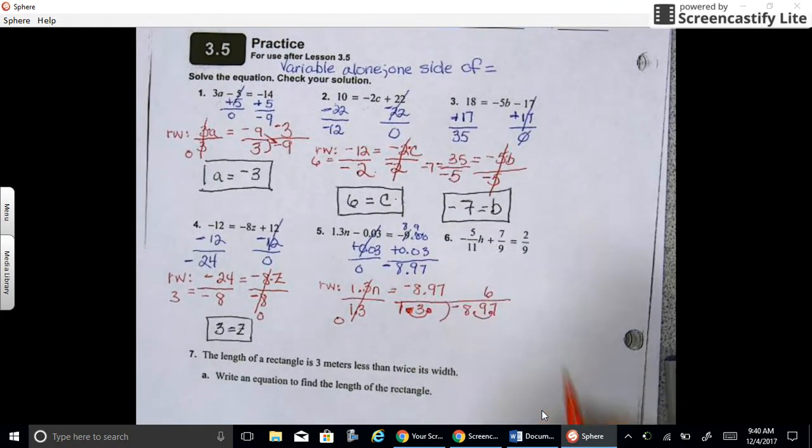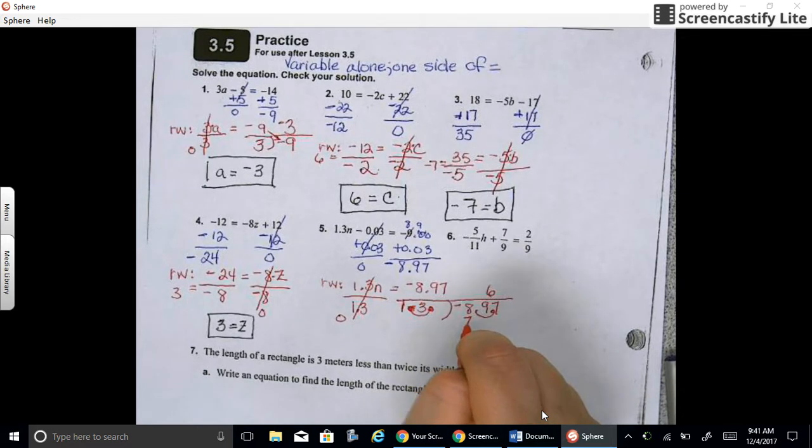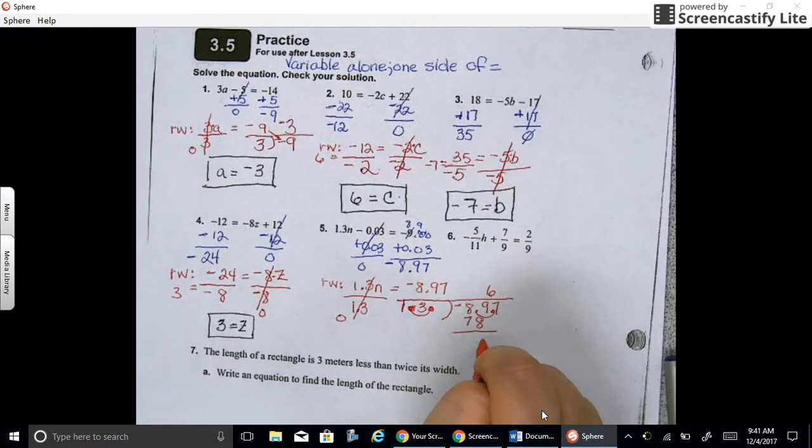What's 6 times 13? 78. That gives us how much left over? 3.